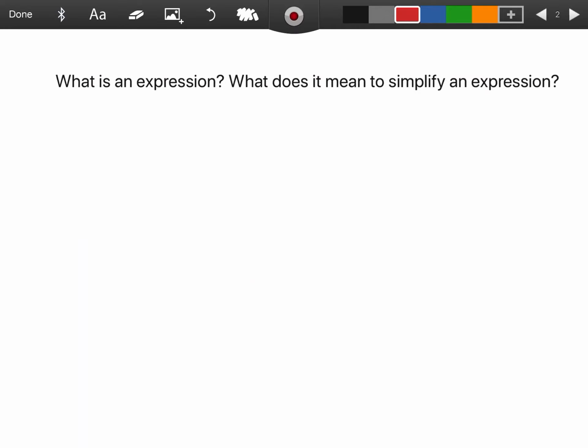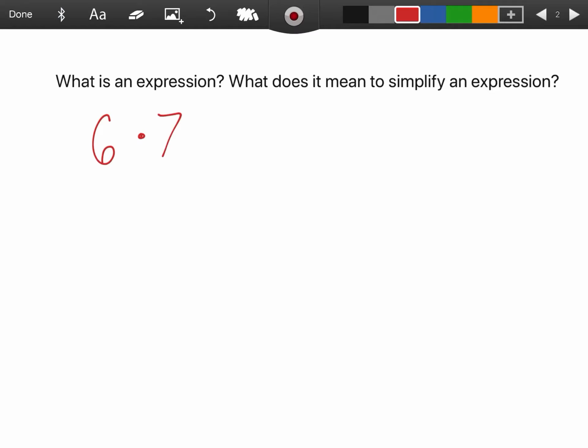So let's start off just by talking about what exactly is an expression and what does it mean to simplify an expression. So I'm going to start and just write an example of an expression, this 6 times 7. This is a numerical expression. It's just some number that we have. And here we have it represented as one number times another number.